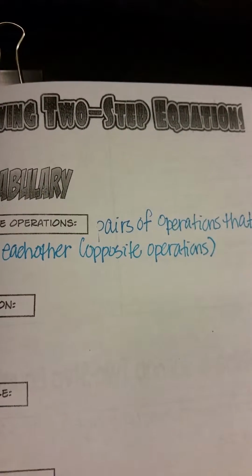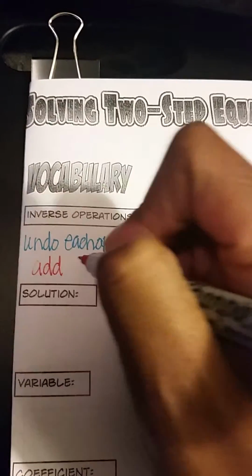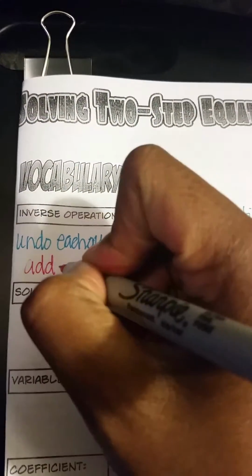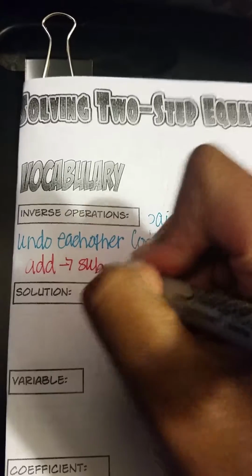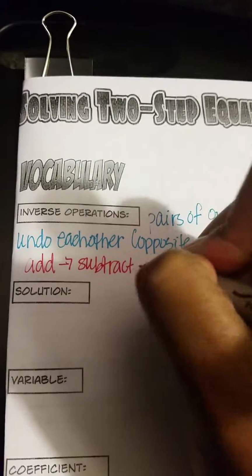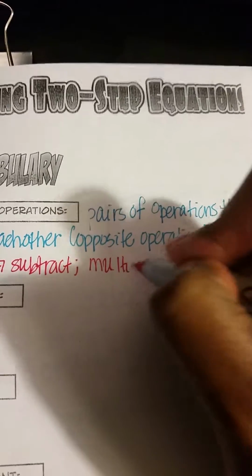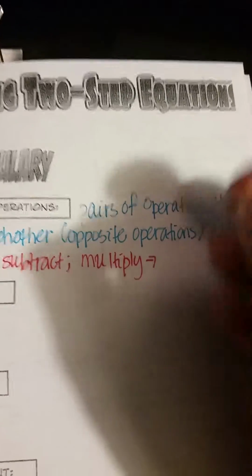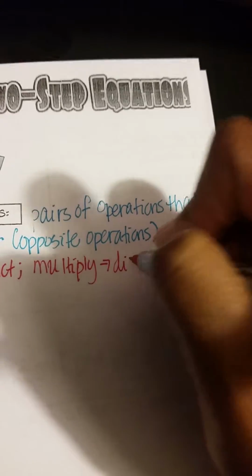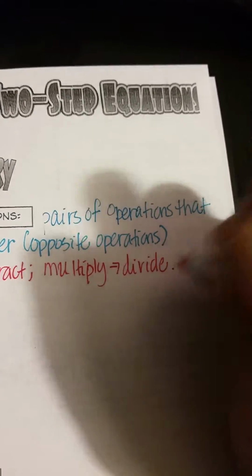Okay, and for an example, we're going to write down add. Opposite of that would be subtract. And then we have multiply. Opposite of that would be to divide. Okay.